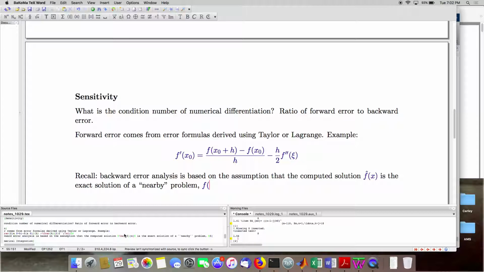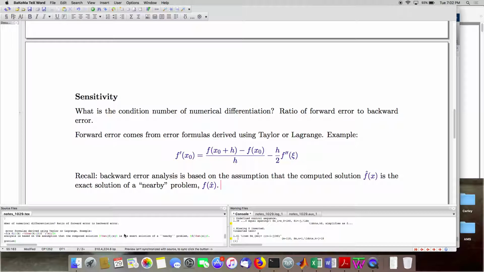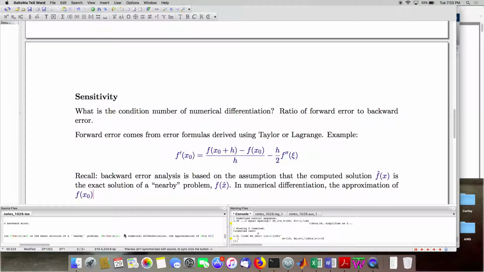So that'd be f at hat x. Now that's definitely true in this case. In numerical differentiation, the approximate derivative, so the approximation of f prime of x naught, is the exact value of Pn prime of x naught.